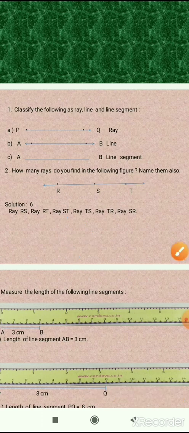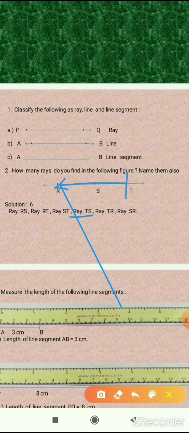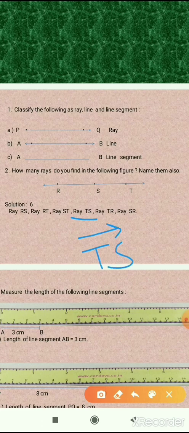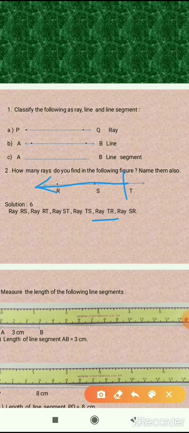Next one is ray TS. Okay, so here T is the initial point and in the other direction we extend further. So we read it as ray TS or TS by using the symbol of ray. Next one is ray TR. See here T is the initial point and on the other side it extends indefinitely.